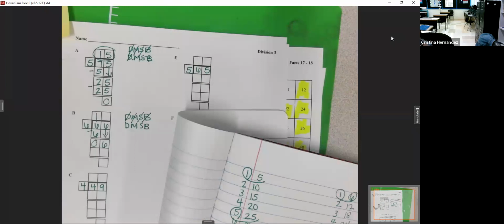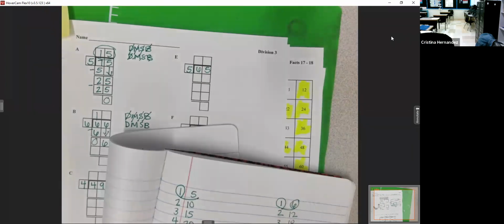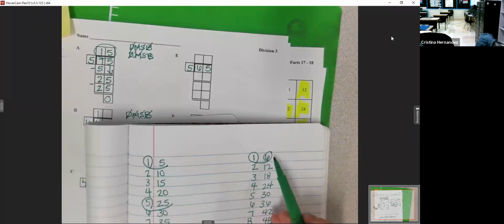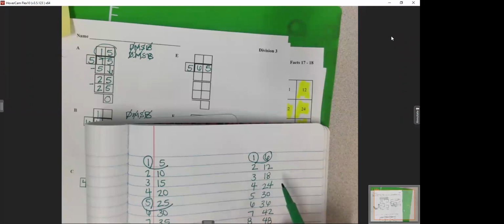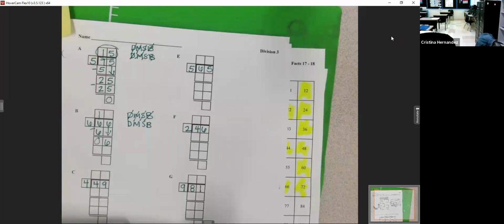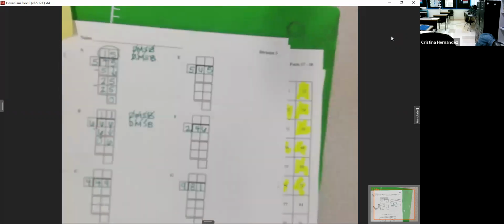Can 6 go into 6 without going over? Keep your cameras on. How many times? 1. So we'd circle 1 again and 1 would go on top.